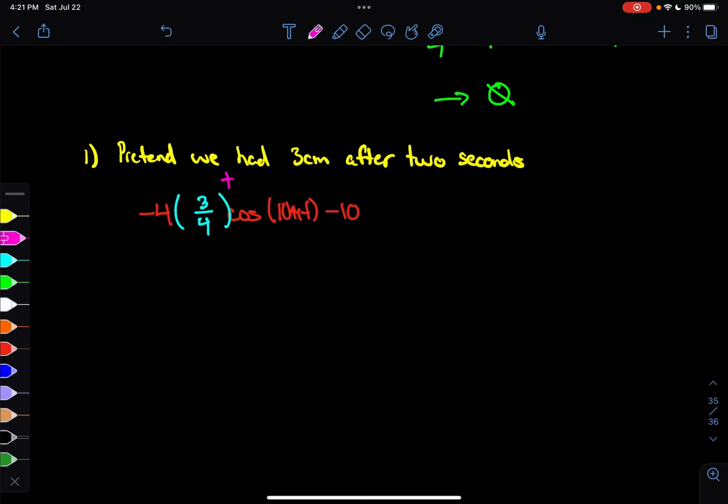But that's not what this question says anymore. It says that we are losing it every 2 seconds. So do I put a 2t here? Well, what does this say? If I let t equal 1, how many times have we lost some of our amplitude? It's 3/4 squared, right? That's saying we lost 25% of it, and then we lost 25% of it again. So clearly that's not it.